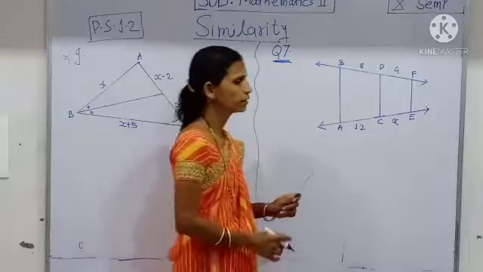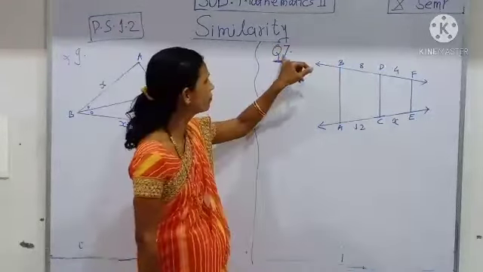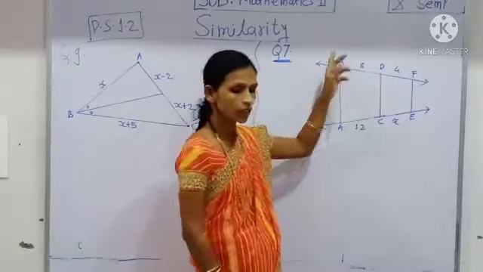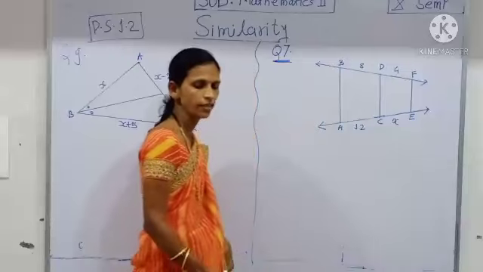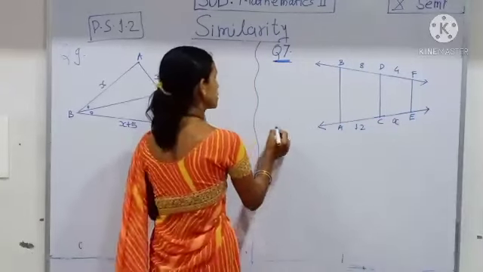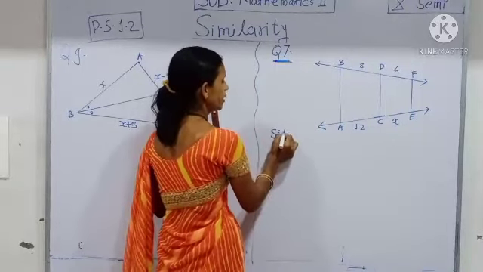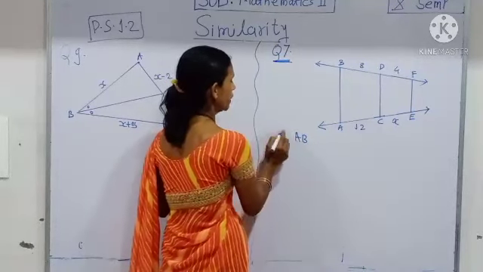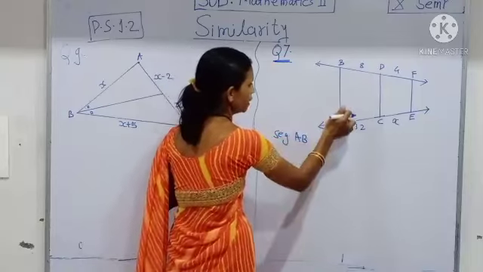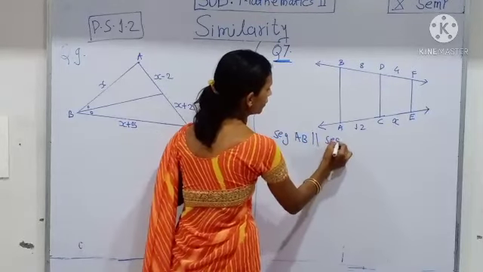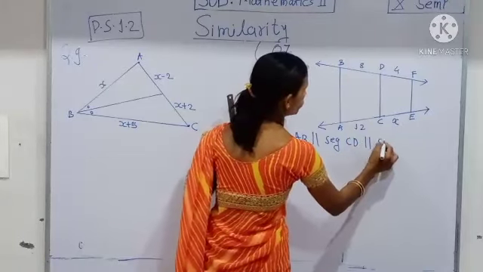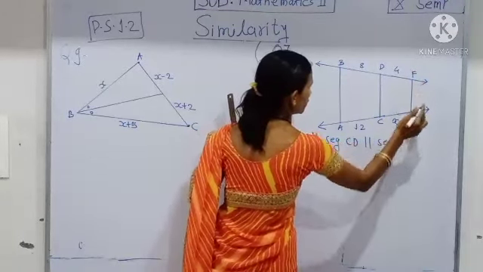Here three parallel lines are given, that is segment AB parallel to segment CD parallel to segment EF.